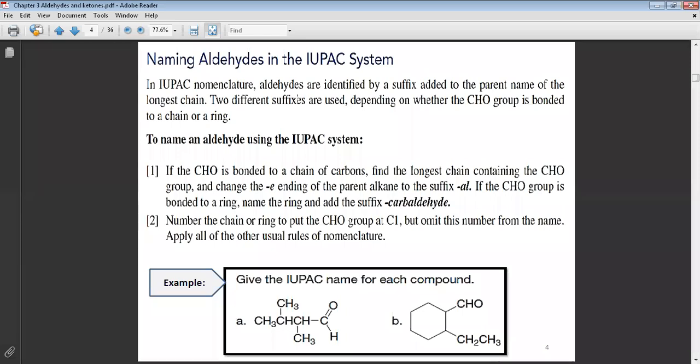Depending on the compound, whether it is cyclic or acyclic, that is, whether the CHO group is bonded to a chain or a ring.